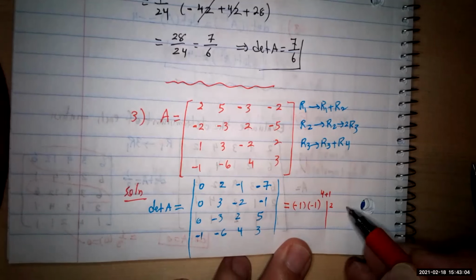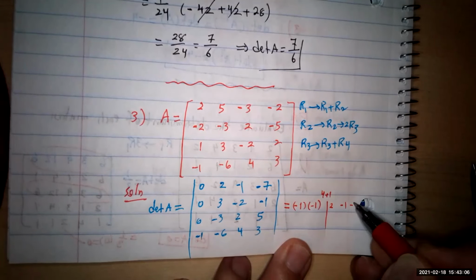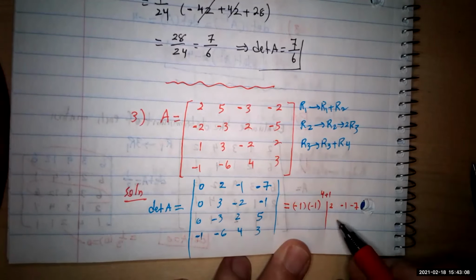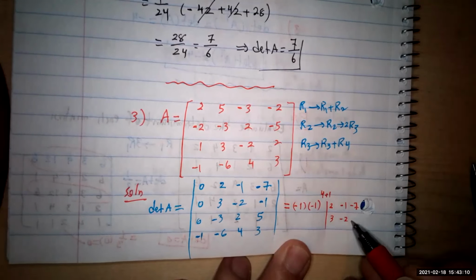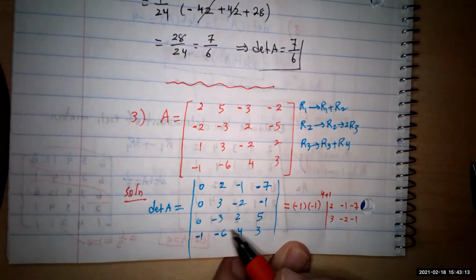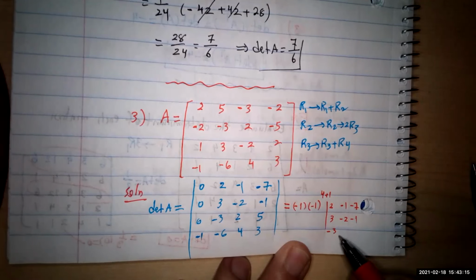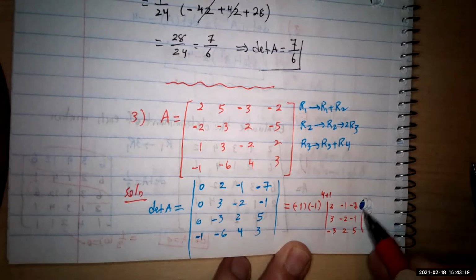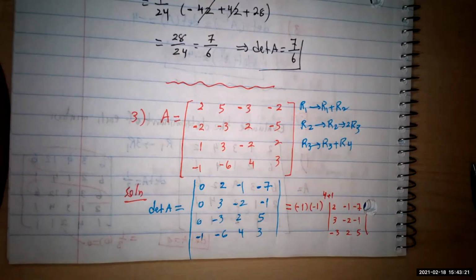We get 2, -1, and -7. Okay, 3, -2, -1. And then we get -3, 2, and 5. This is going to be the new determinant. I eliminate the first column and the last row, so this is the leftover.